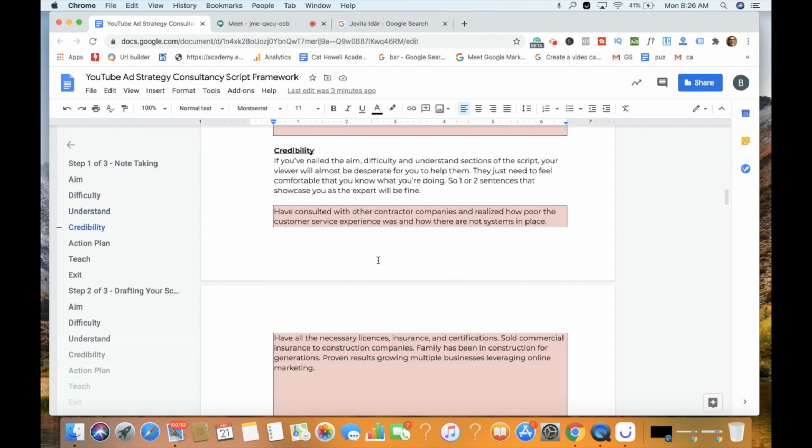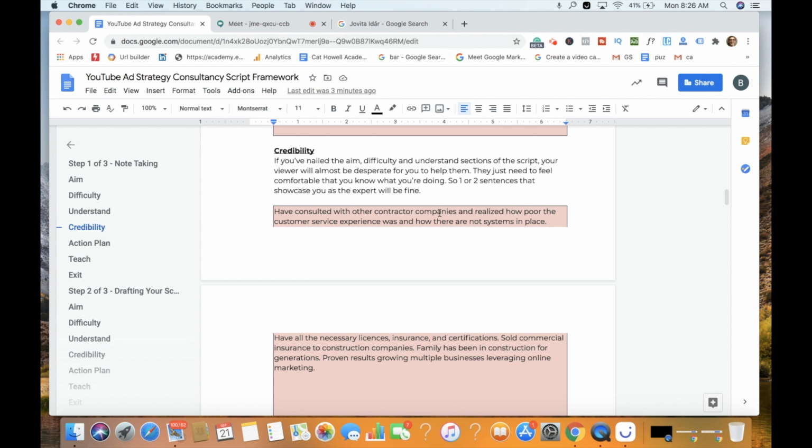So our credibility as a company is that we've consulted with other contractor companies, and we have proven results, making sure that your house is beautiful with our contractors.